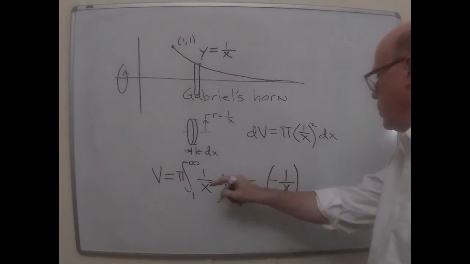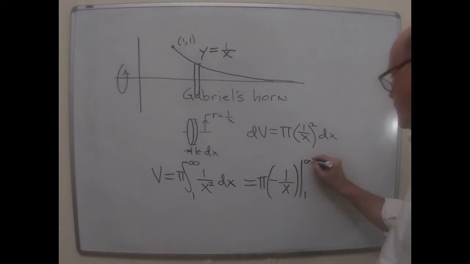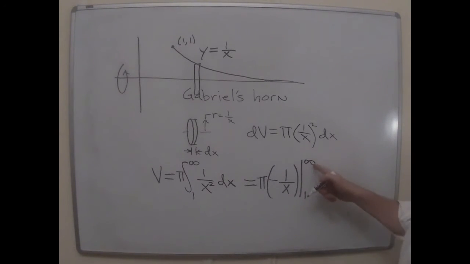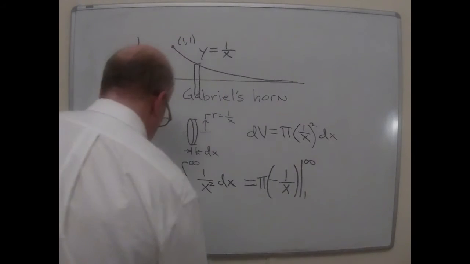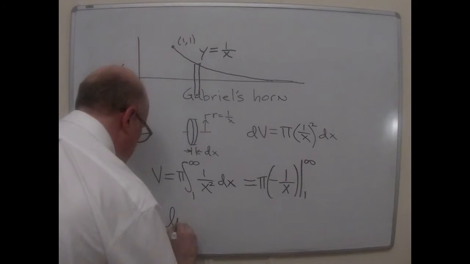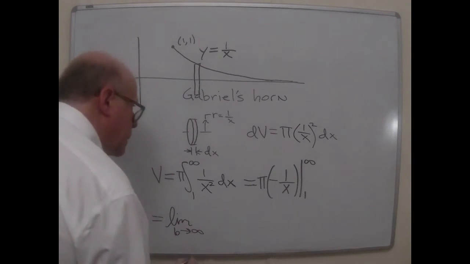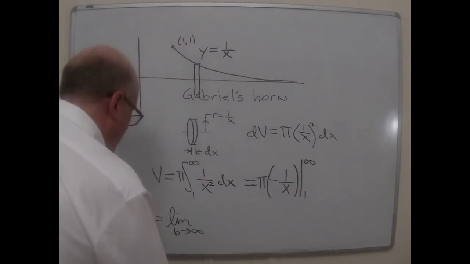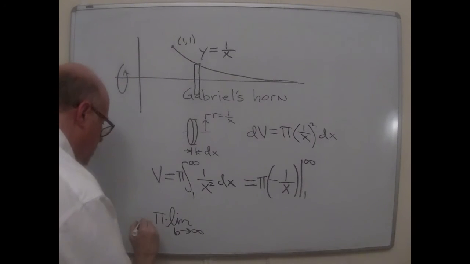Right? We got that multiple of pi out front, and we have to think about limits going from 1 to infinity. Well, for that, we're going to use the limit trick. So we'll take the limit as b goes to infinity of, well, actually, we can get that pi out of the limit as well as out of the integral.